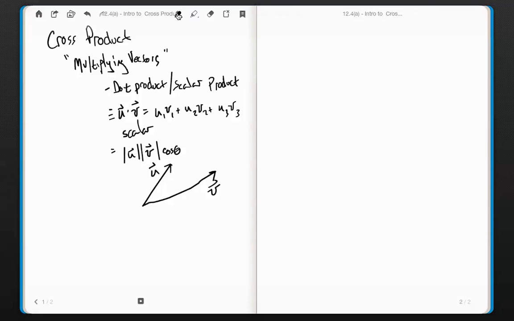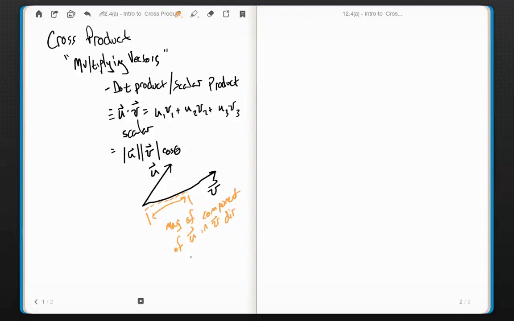The dot product winds up being, in orange here, the magnitude of it at least becomes this distance, the magnitude of the component of u in the v direction, right?